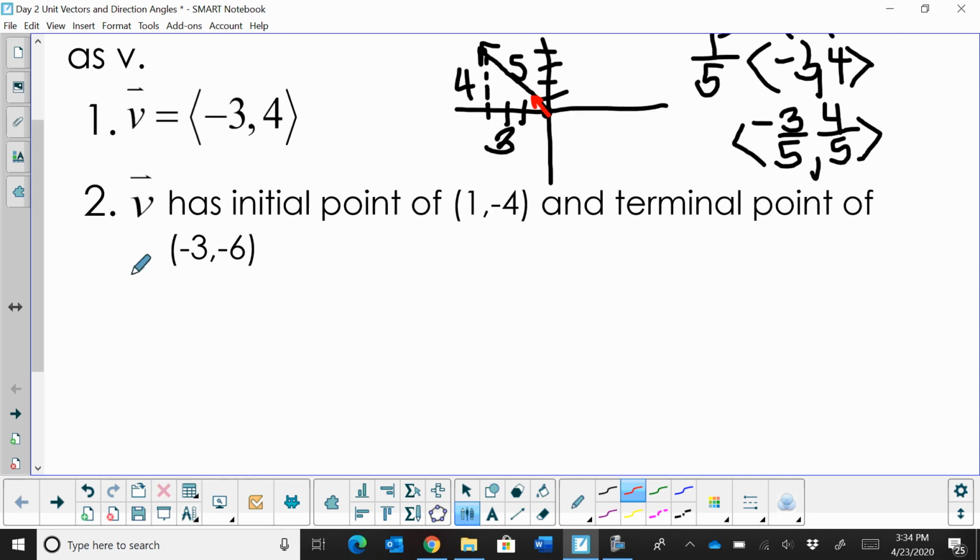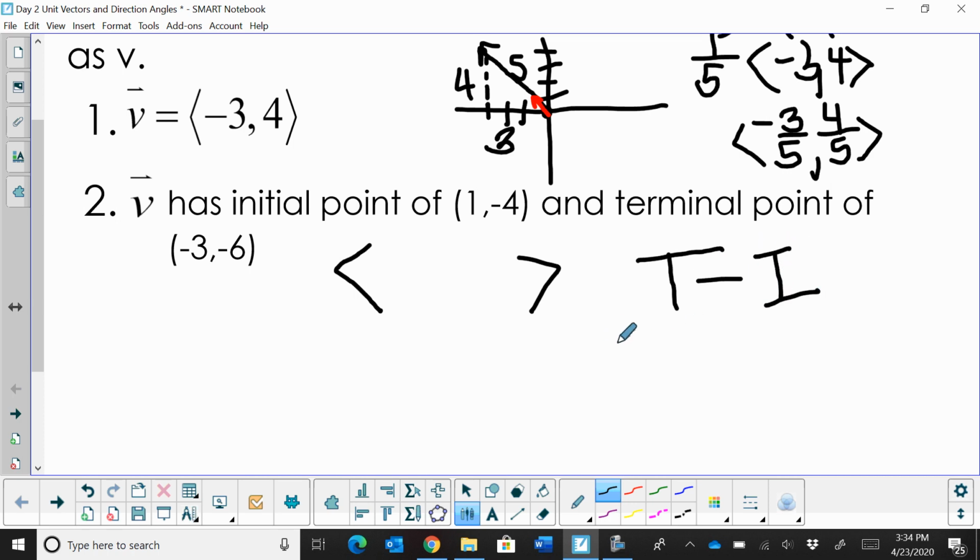Okay, the second question says vector v has an initial point of 1, -4 and a terminal point of -3, -6. So the first thing we need to do is actually write the component form of this vector. To write this in component form, I'm going to take my terminal position minus my initial position.